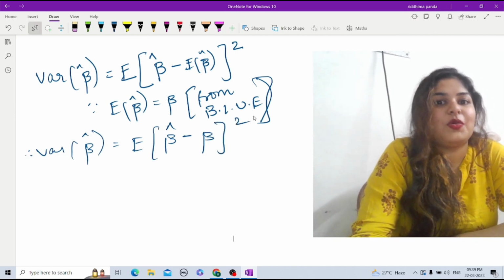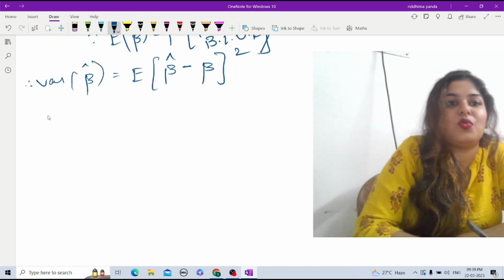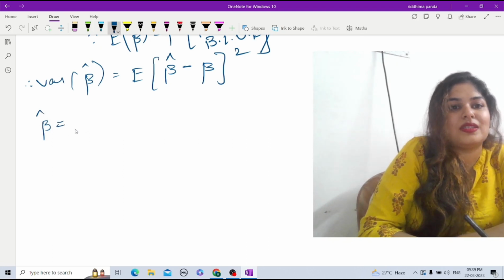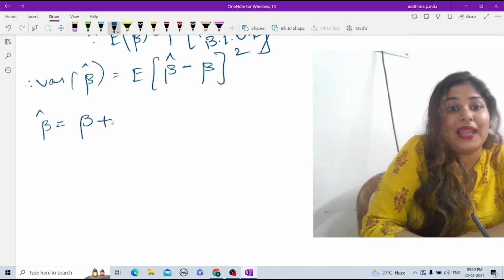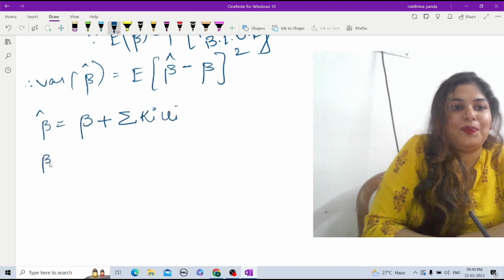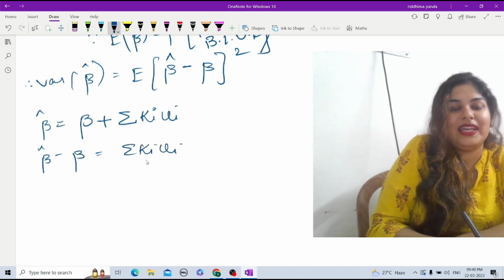Now again, from the proof of the property BLUE, that is the Gauss-Markov theorem as well, we know that beta hat is equal to beta plus summation ki ui. That means beta hat minus beta is equal to summation ki ui, right?